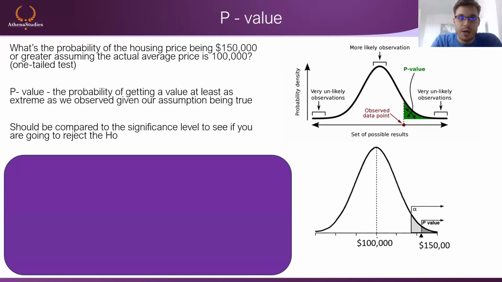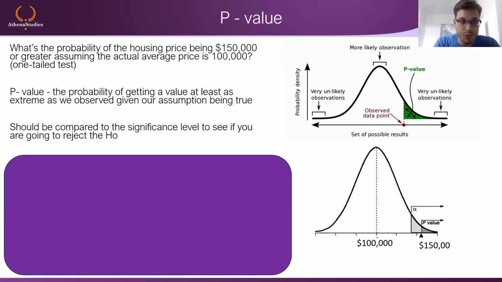So p-values. A p-value is a number that quantifies this sentence: what is the probability of the house price actually being 150,000 or greater if we assume that the average price is 100,000? So the p-value is the probability of getting a value that is at least as extreme as what we observed, given our assumption.